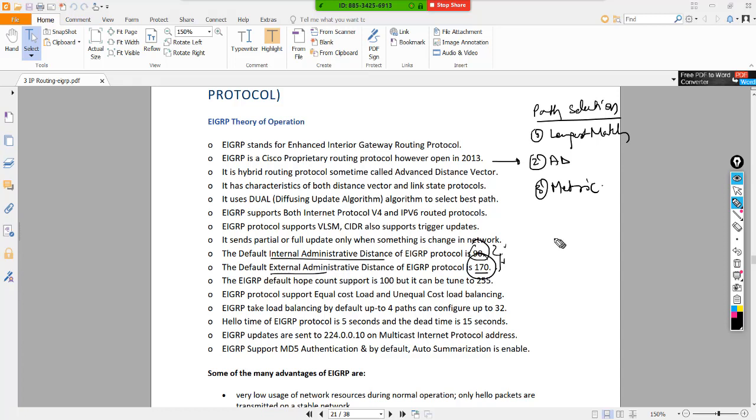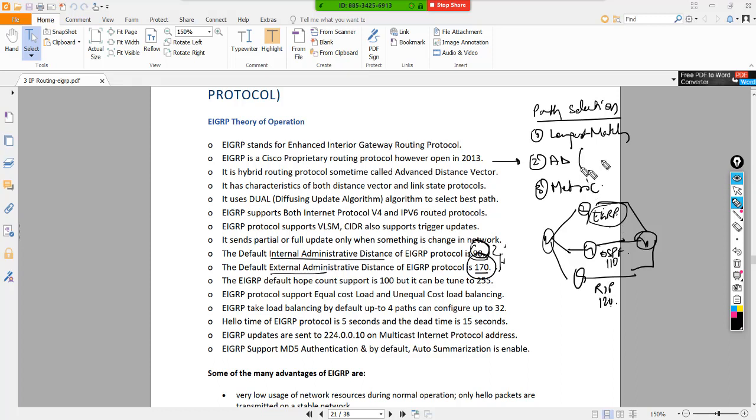Now let's say someone is drawing 2 or 3 different routes on your path. Now if someone tells you that this is on EIGRP, this is on OSPF, and this is on RIP, who is going to be preferred? Basically EIGRP gets preferred because of the 90 AD value, whereas OSPF is 110 and RIP is 120.